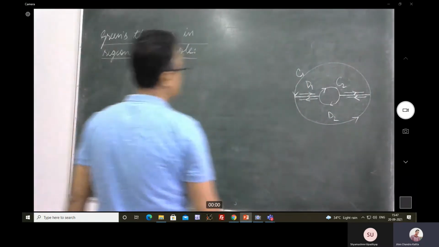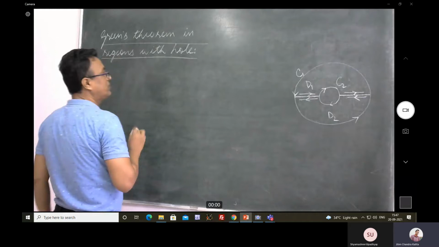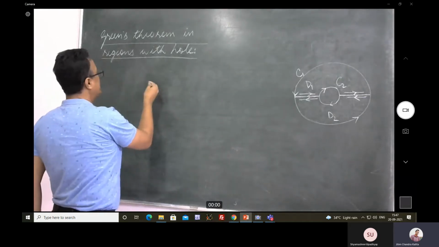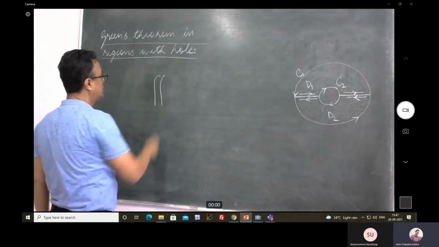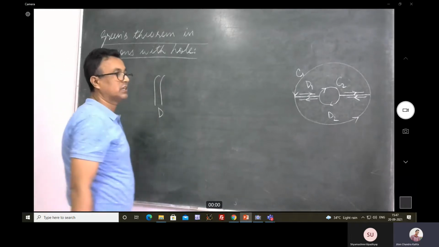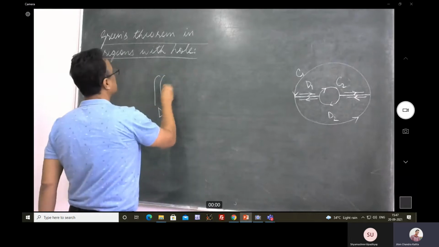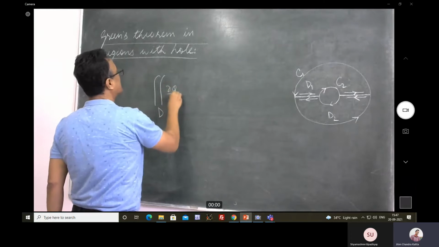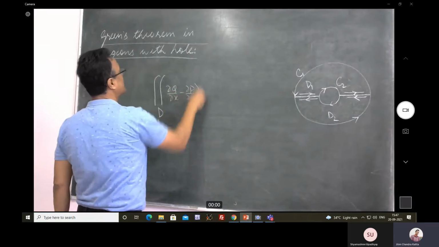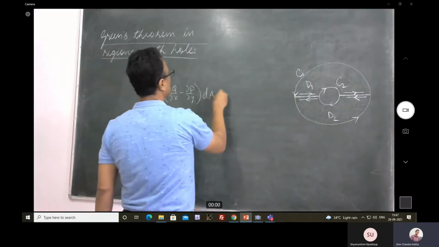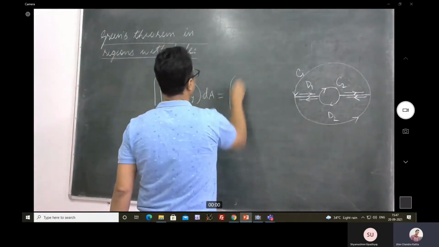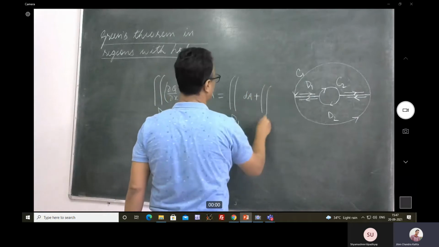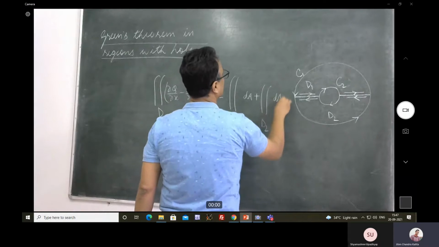So what I would like to tell you is, see, now what is happening out here? If I consider this double integral, say of del q del x minus del p del y dA, then it is simply going to be the integral over D1 dA plus the integral over D2 dA.